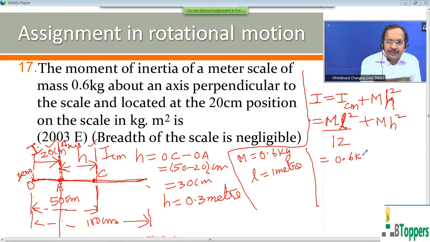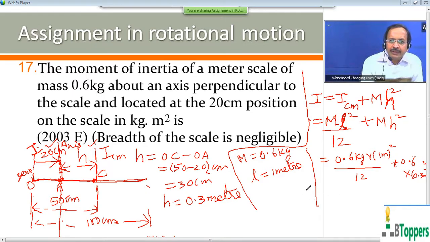You can substitute m equal to 0.6 kg, L equal to 1 meter and h equal to 0.3 meter. You can try to simplify it yourself.